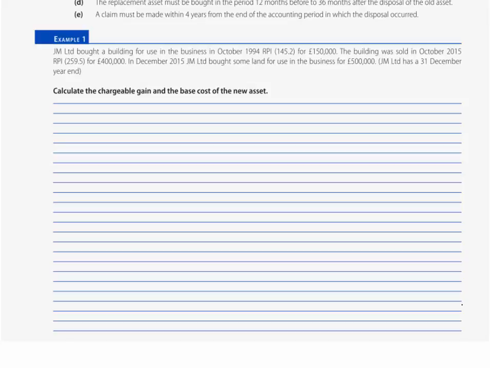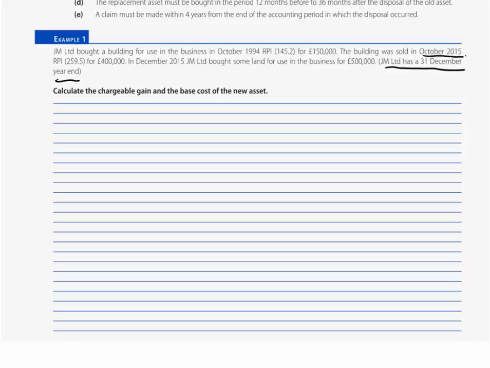Now, if nothing else happened, that gain would then be chargeable in the accounting period in which it arose. JM Limited has a 31st of December year end. The sale was in October 2015, so in the accounting year ended 31st of December 2015, we would be showing a chargeable gain based on proceeds 400,000 less cost 150 less indexation allowance based on that 150, and that gain would now crystallize.